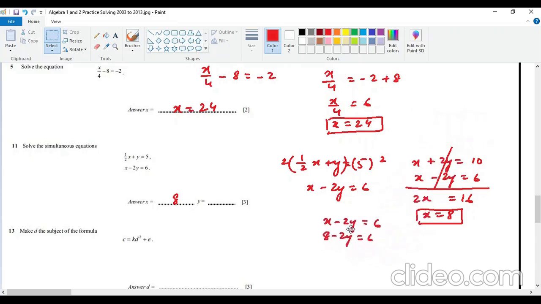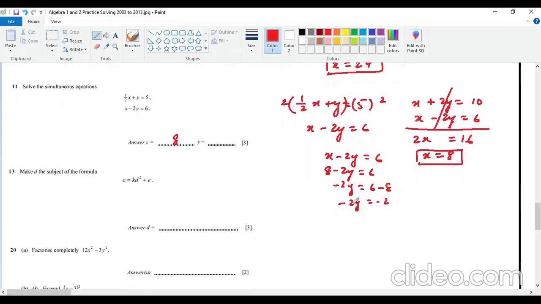This is going to give us 8 minus 2y equals 6, so negative 2y equals 6 minus 8, that means negative 2y equals negative 2. The negative signs will cancel each other, and that means 2y equals 2 and y equals 1. So the value of y is 1.